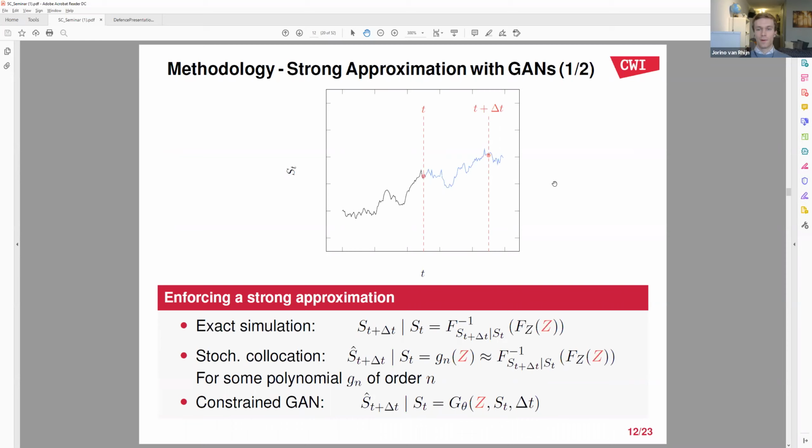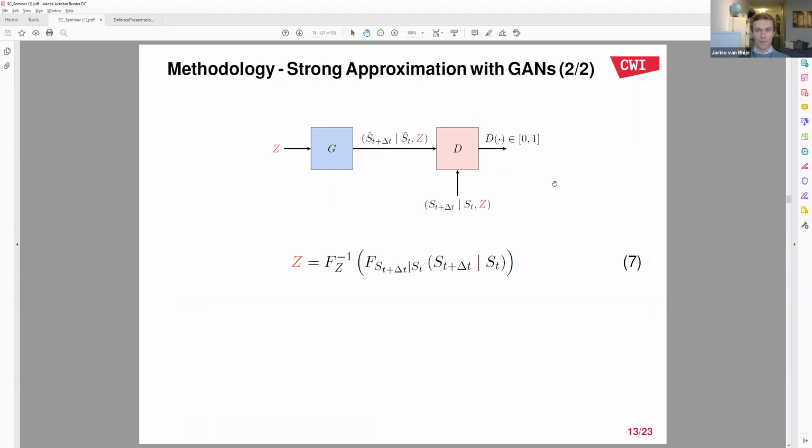So that means that once we find a sample Z, then there should also be a unique S. And that's what we can see in the top equation from exact simulation. So replicating that property should be enough to get the strong convergence, or to find the strong solution. So how do we actually make that work for a GAN?